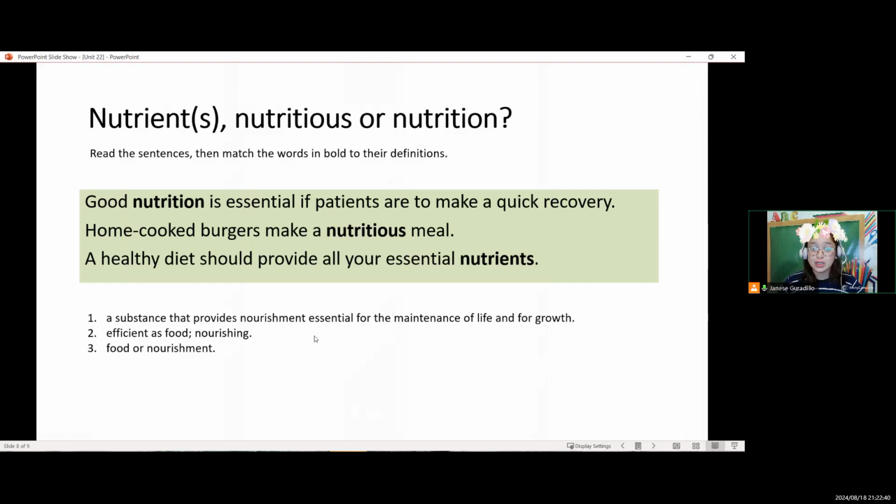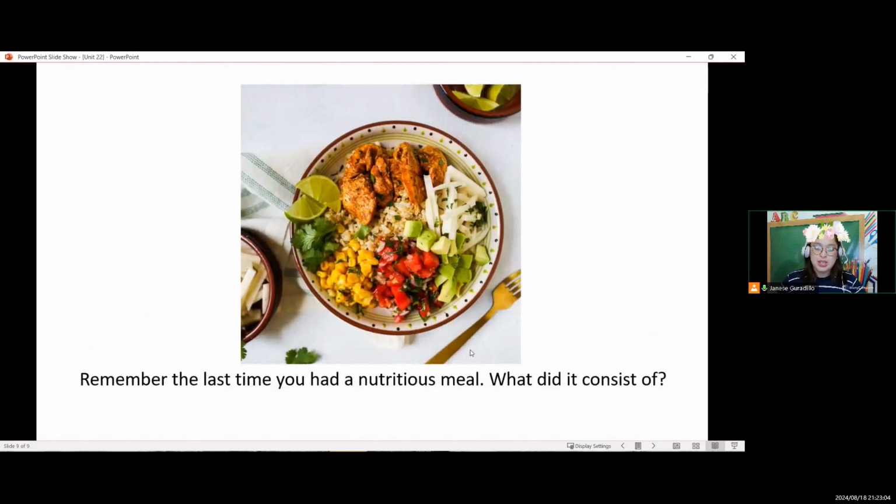It is? Okay, number two. Efficient as food or nourishing? Okay, and number three, food or nourishment? That's great. Okay, so your answers are all correct. Nutrient, nutritious, and nutrition. Now, remember the last time you had a nutritious meal.